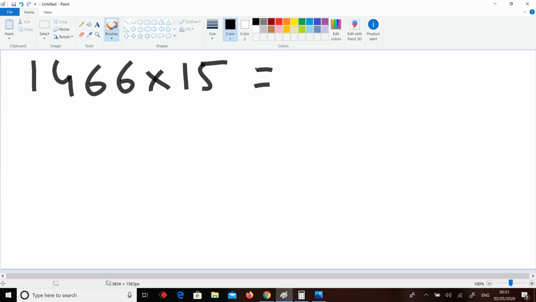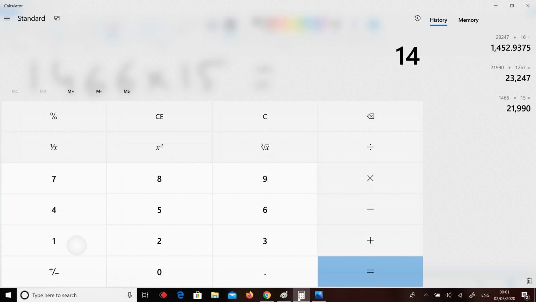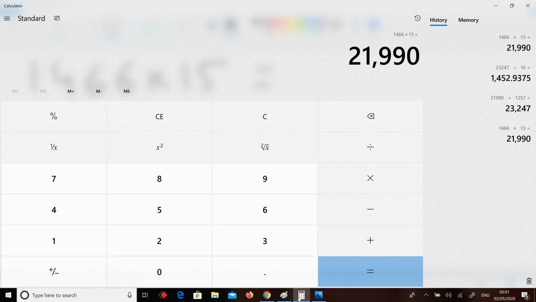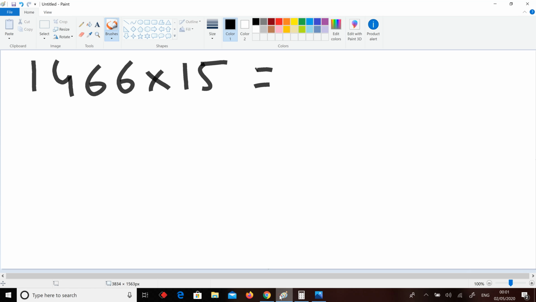That comes to 1466 into 15 shares, that is 21990. So if our portfolio is 21990, if we assume someone is going to buy because of the rights issue, because of dividend, or because Reliance would be posting good results.